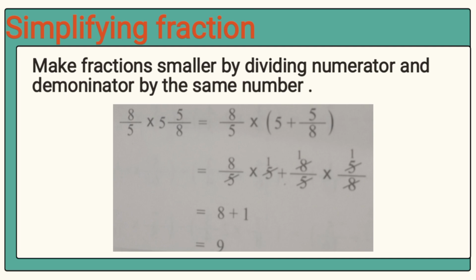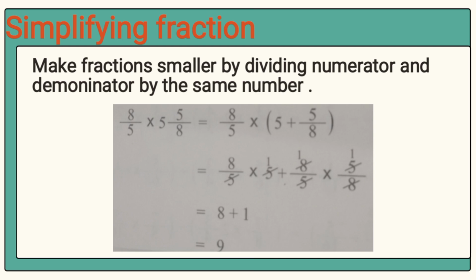8 divided by 5 into 5, a whole number, then 5 divided by 8, then we arrange them. 8 divided by 5 into the sign, then bracket 5. 5 is a positive answer, so we must put the positive sign plus, then 5 divided by 8, then close the bracket.